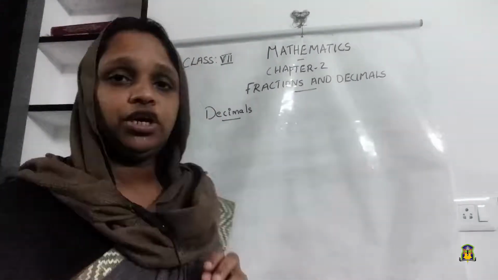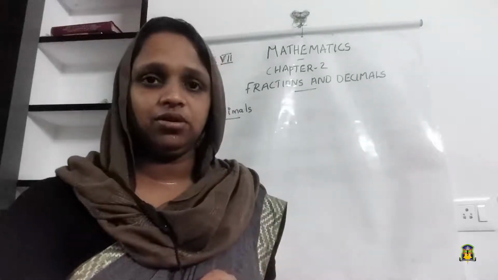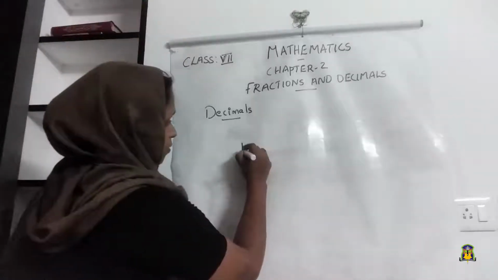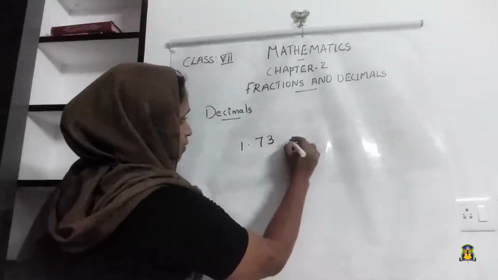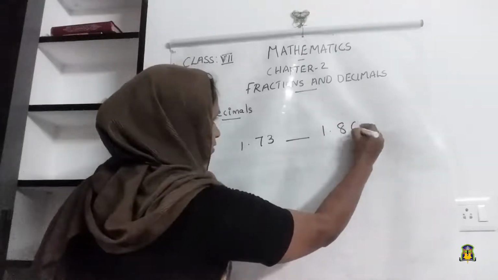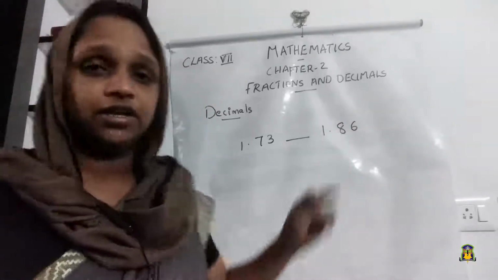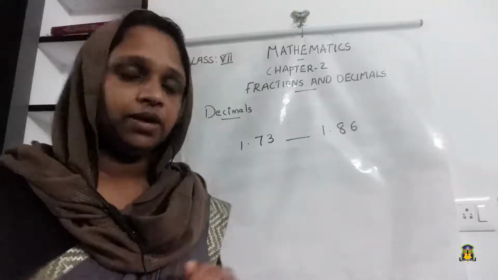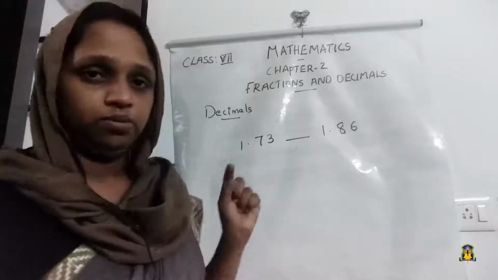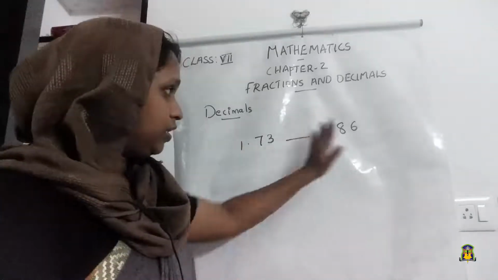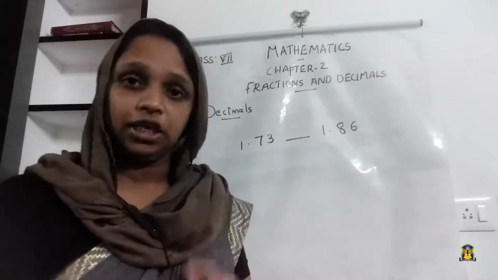Next, how to compare two decimal numbers. Suppose 1.73 and 1.86. Here, how can we compare this? Before the point is the whole number part, so in both numbers the whole number part is equal.